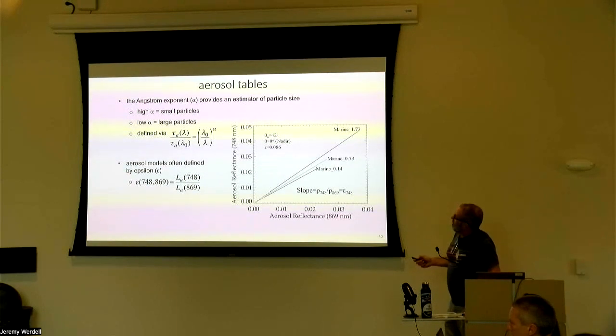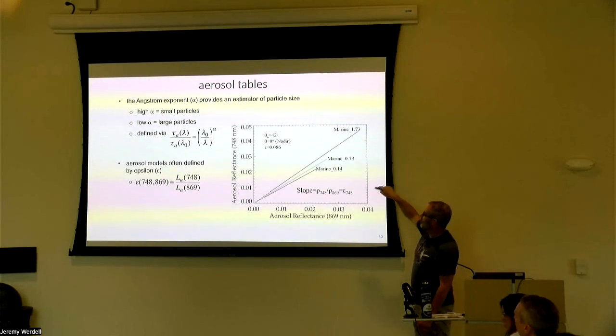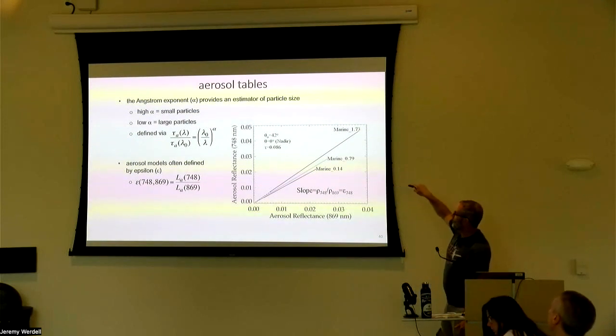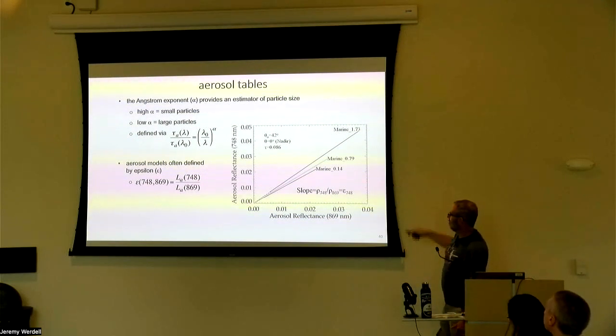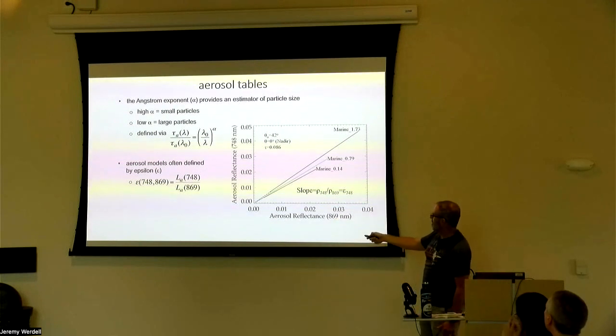The reason you care about all of this is the way we describe our lookup tables and our aerosol models comes in the form of the Angstrom coefficient and the epsilon coefficient. So this is a graphical version of epsilon. Think of it as the slope of any one of these lines.